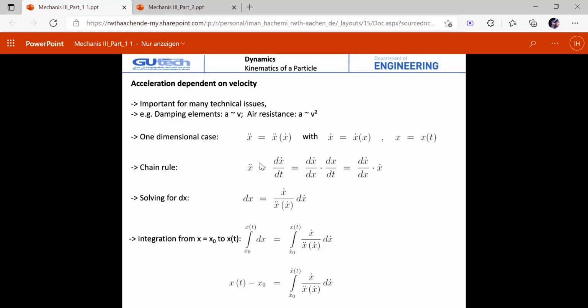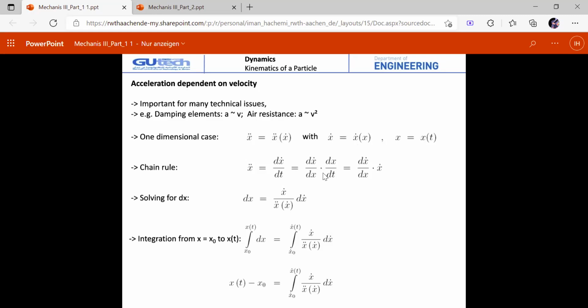If we use the chain rule in the differential equation, then by definition x double dot, the acceleration, is the time derivative of the velocity. But the velocity also depends on x.